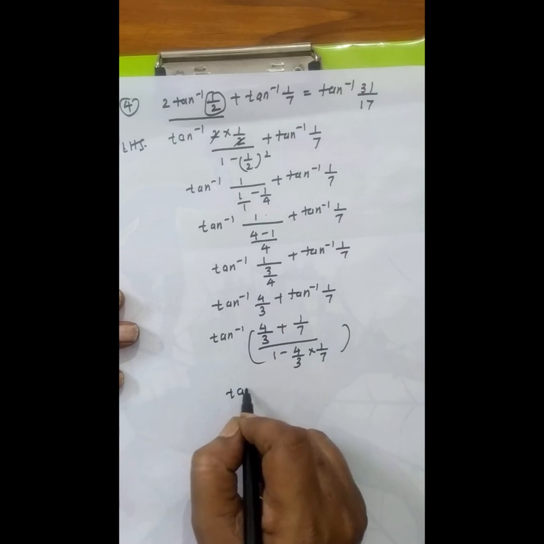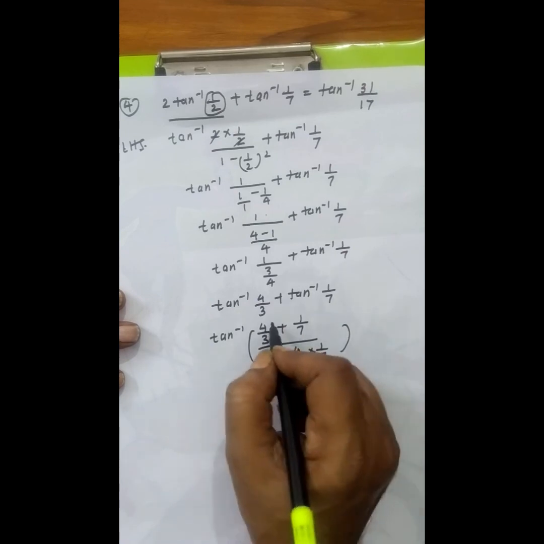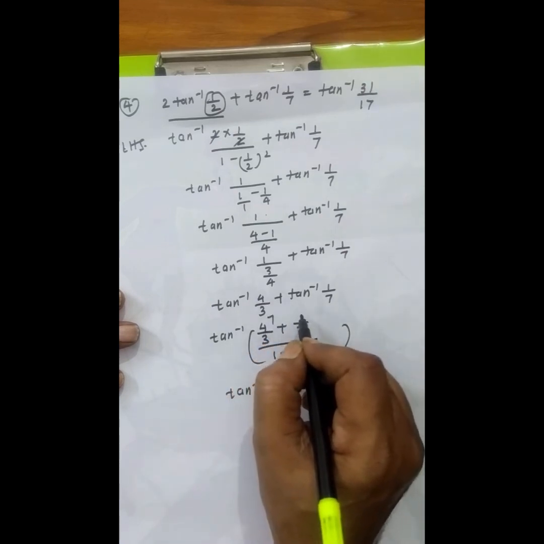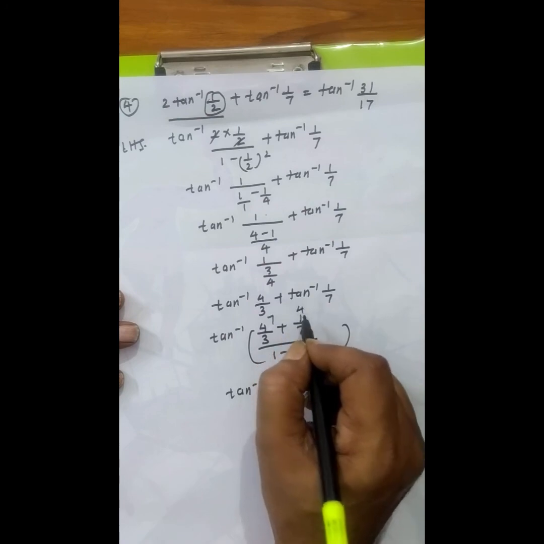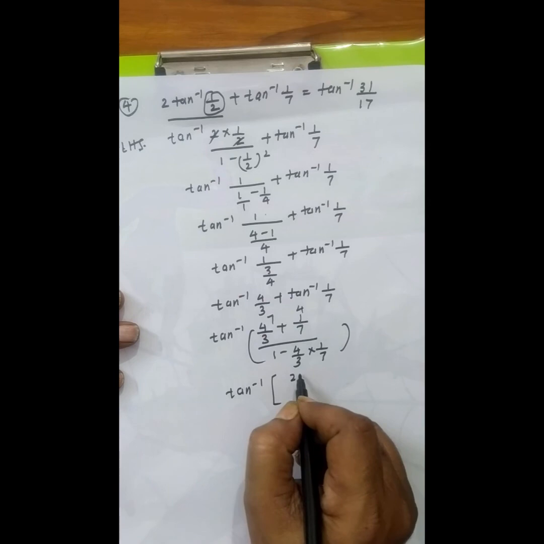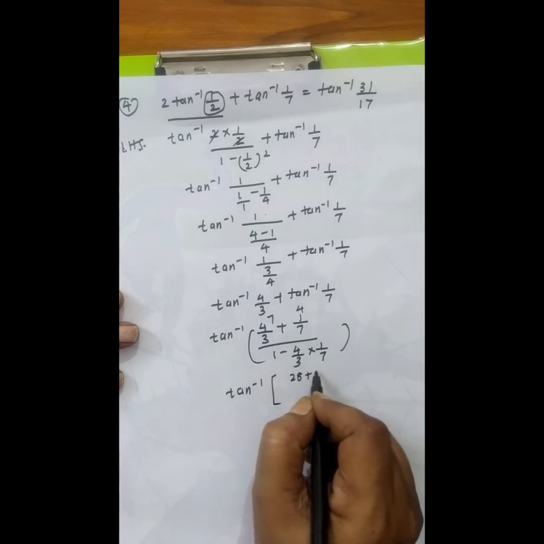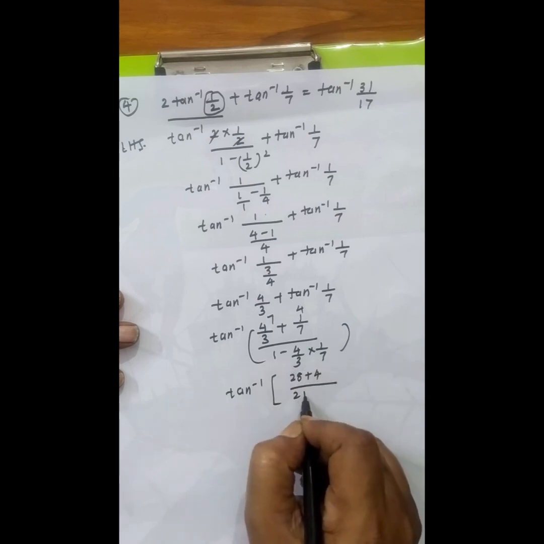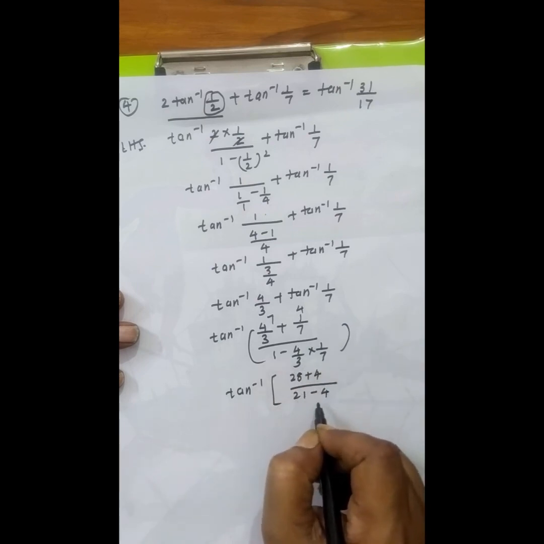So it will be tan inverse of 3 sevens are 21, 7 fours are 28, so this will be tan inverse of 28 plus 3 divided by, in the denominator, again 21 minus 4 divided by 21.